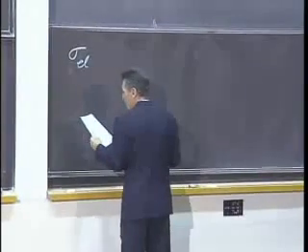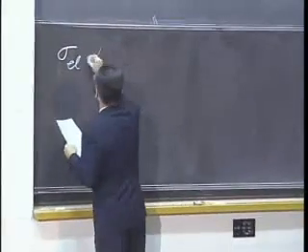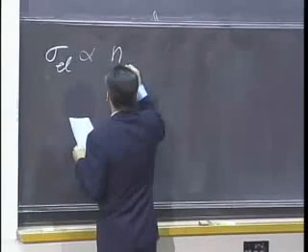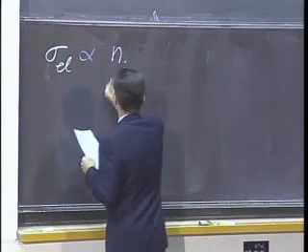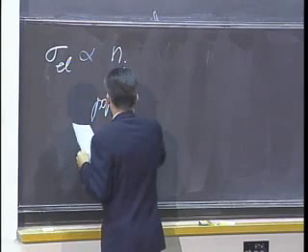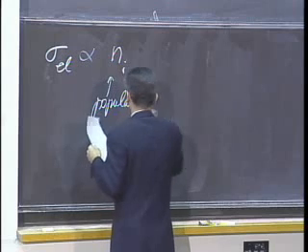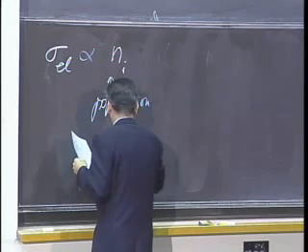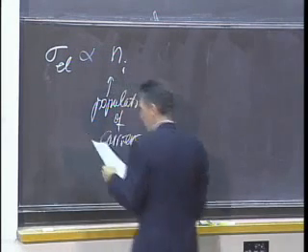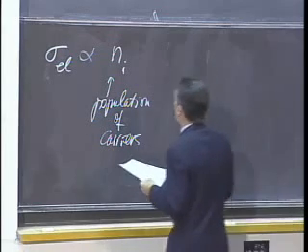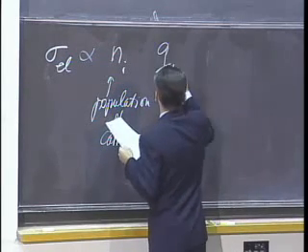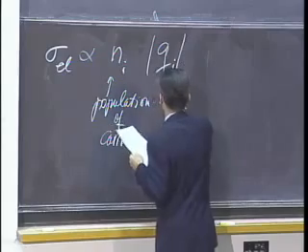And we know the electrical conductivity must be related to the number of carriers, the population of carriers. And it must be related to the charge on the carriers.